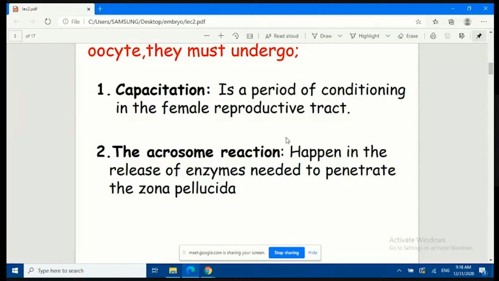So this is a reaction, I mean the release of an enzyme, and this enzyme reacts with the layers of the oocyte. Then the sperm will penetrate the zona pellucida of the oocyte. What is the zona pellucida? It is a membrane that surrounds the oocyte, the mature ovum.